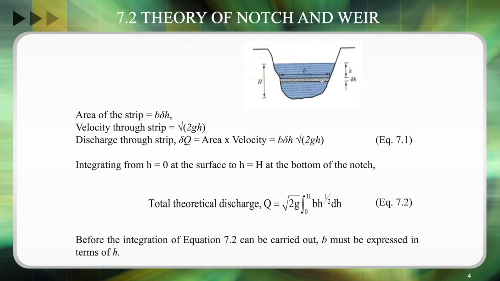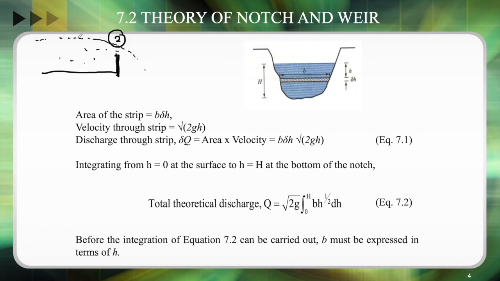And then the second one, the velocity through the strip, which is root 2gh. The velocity through the strip is derived from this equation actually. So we have a free stream and then we have a notch or weir at this point. We want to find the velocity at this point. So we have water here flowing through the notch.